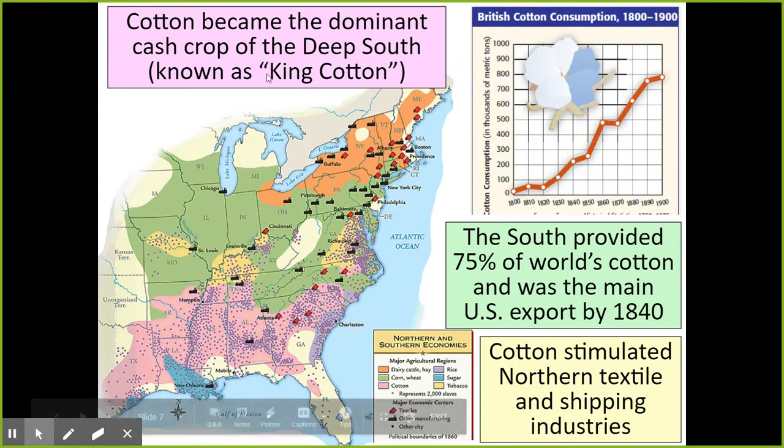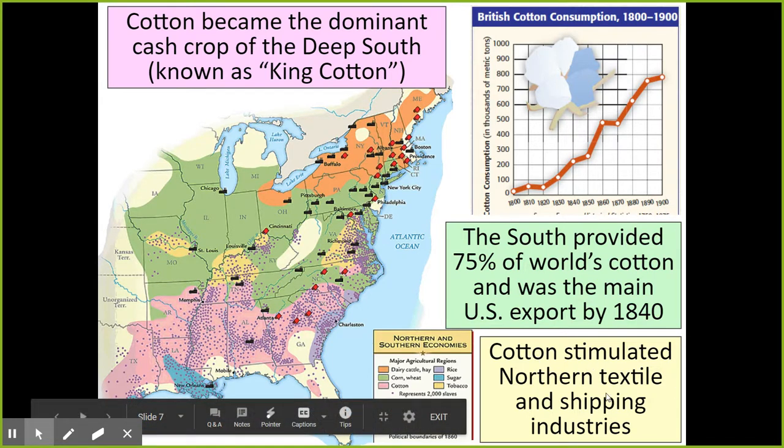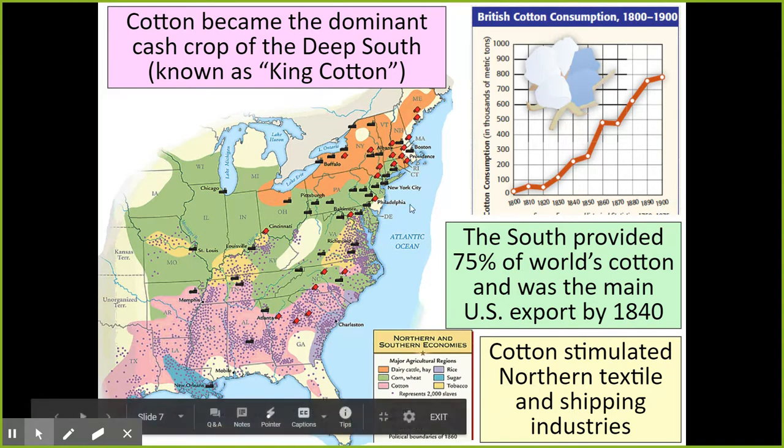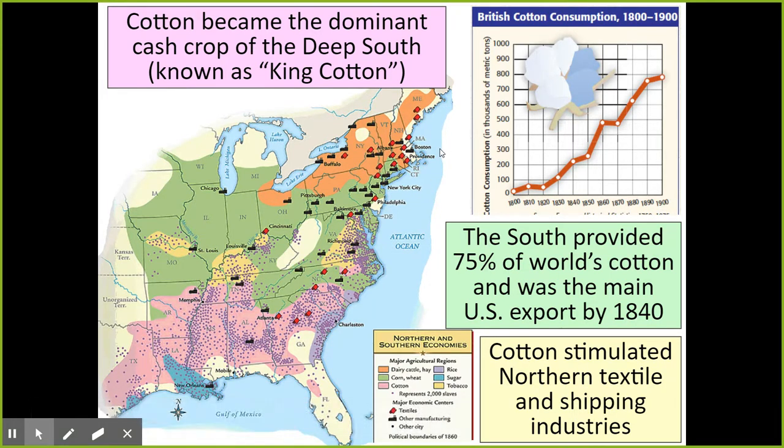What else do we say? King Cotton. Cotton stimulated northern textile and shipping industries. So don't let it be said by the North, hey, we had nothing to do with it. Oh, hell yes, they did. If you built ships that moved people from Africa to the Americas, then you're a part of the slave industry.